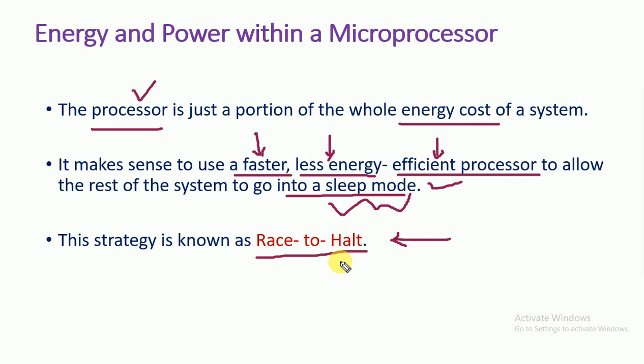In the IC itself, power and energy are the major elements. So how can we control the power and energy required for the processor, and how can we manage the controlling of these two by using various mechanisms? Thank you.